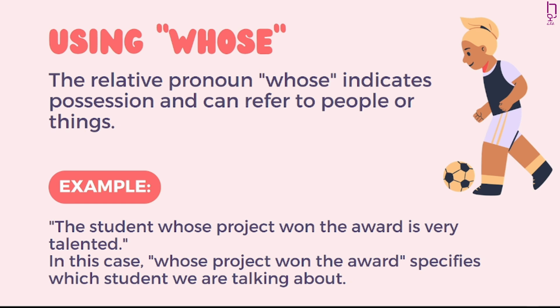If we ask which student, we can understand that it is the student whose project won the award. It gives us specific information about the student, okay? That's what we call a defining relative clause. So in this case, it specifies which student we are talking about.